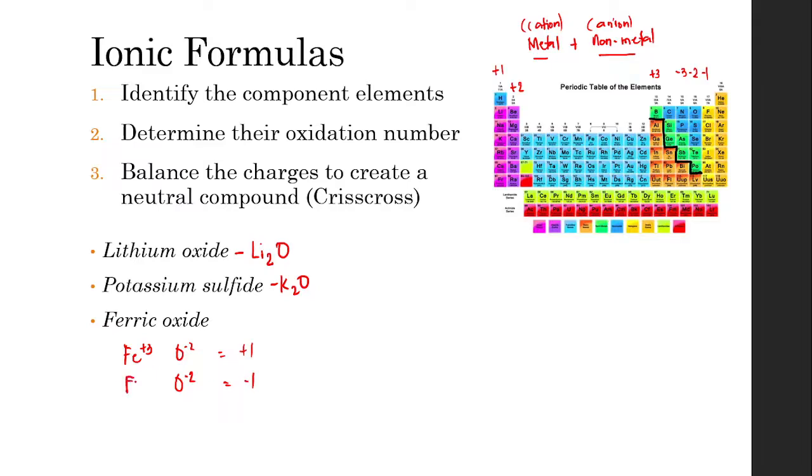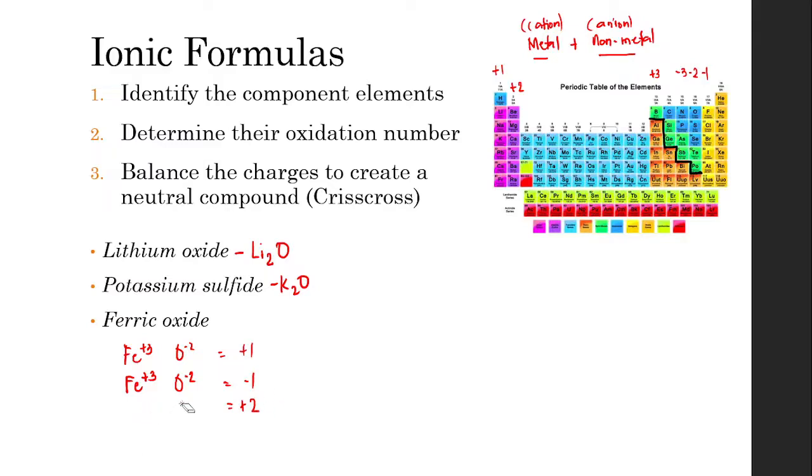So let's add another ferric, or another iron +3. What we end up with now is +6 plus -4, which gives us +2, which means we need -2 in order to balance this.